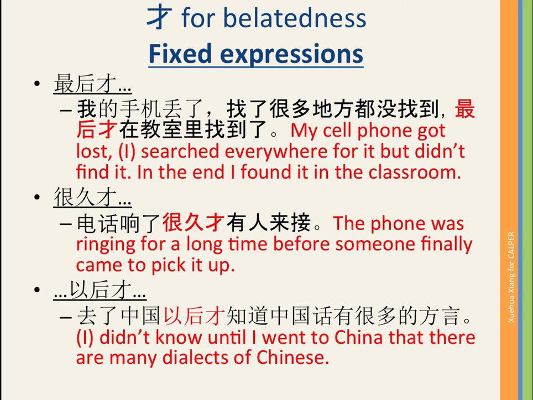If you have a sentence subject that's understood, you don't have to mention it explicitly. If you do, it will sound rather awkward. For example, 我的手机丢了，我找了很多地方都没找到，我最后才在教室里找到了。That would be really awkward, very choppy. So just keep using implicit subject. Just don't use the subject if it's already understood.